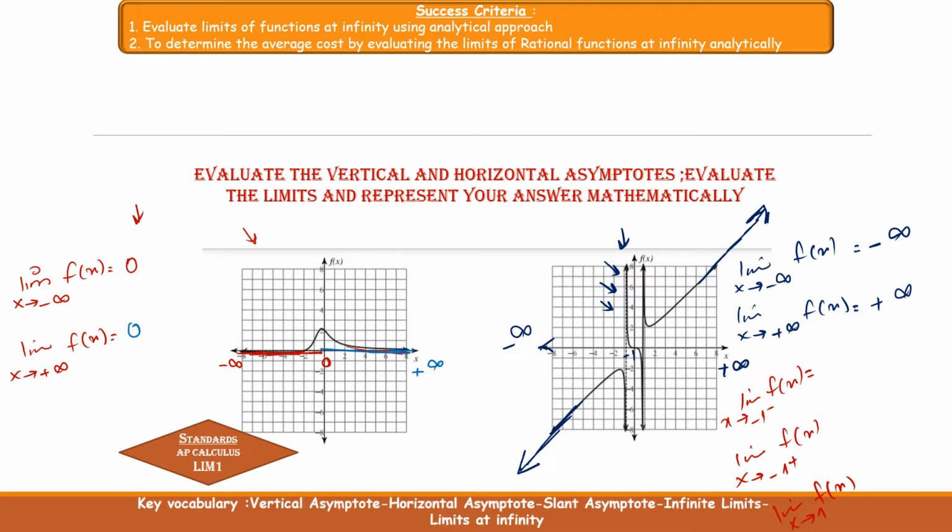This is our left side, because this is my left hand and this is my right hand. On the left side of negative 1, the graph is going down, which means it is equal to negative infinity. On the right side of negative 1, the graph is going up, so it is positive infinity. So from both sides, the limit does not exist.